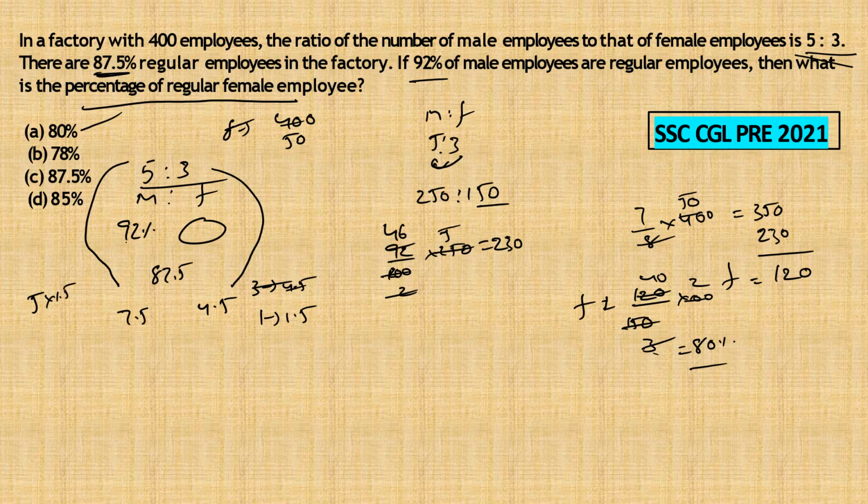As I have said in the last question, when an average is given, one number will be bigger than the average, that is 87.5 is lesser than 92, and the other number would be lesser than 87.5. That means we need to deduct 7.5 from 87.5 to get the female percentage. 87.5 minus 7.5 equals 80%, which gives the female regular employees percentage.